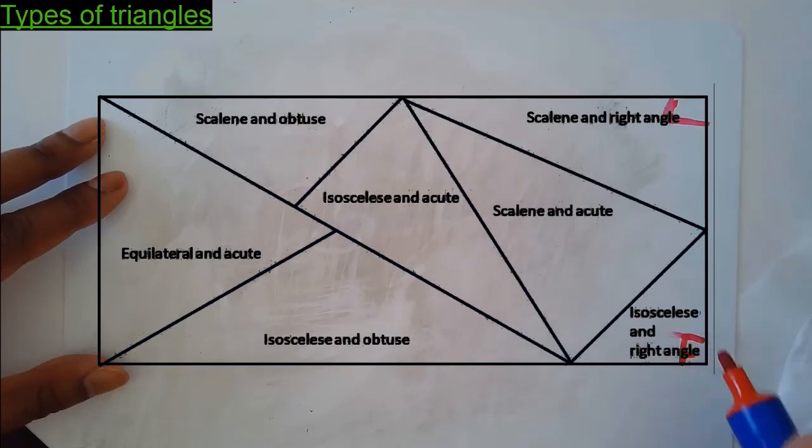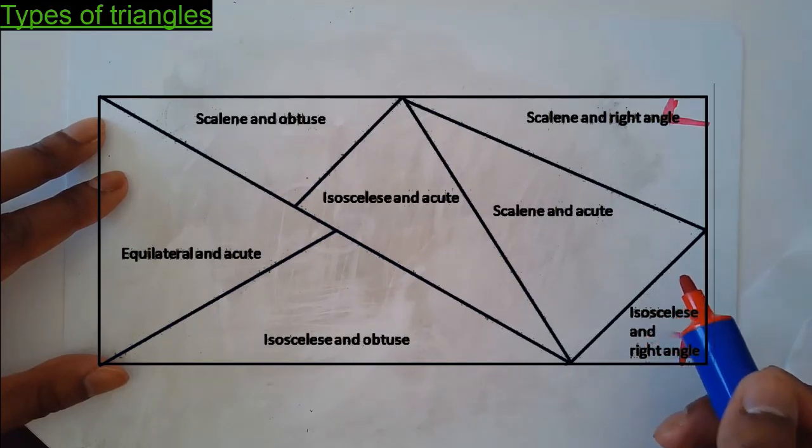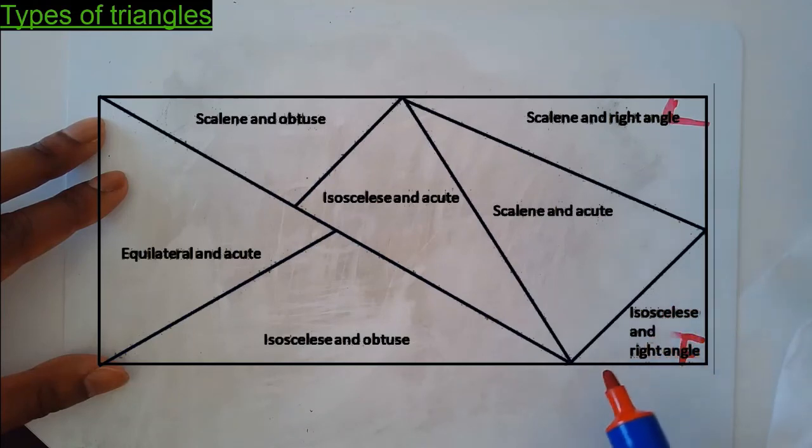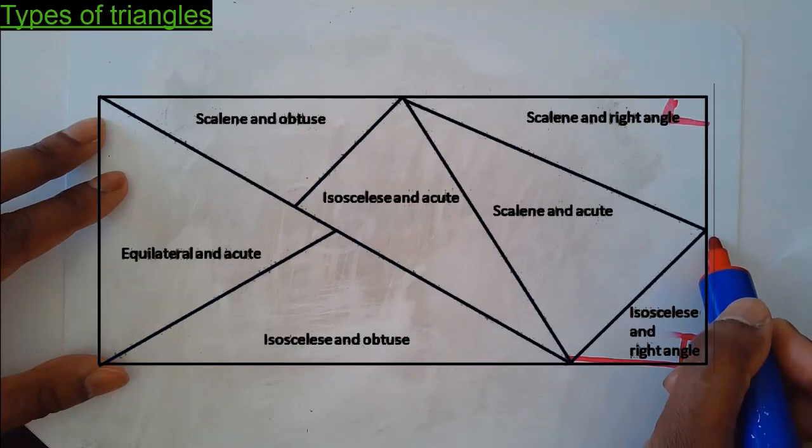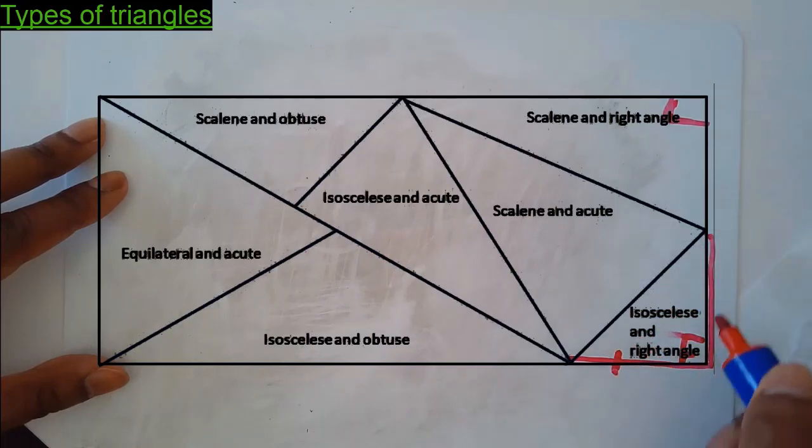That's a right angle, and we call it isosceles because this side over here is the same size as this one. And we put a mark to say these two sides are the same size. So it's an isosceles right angle triangle.